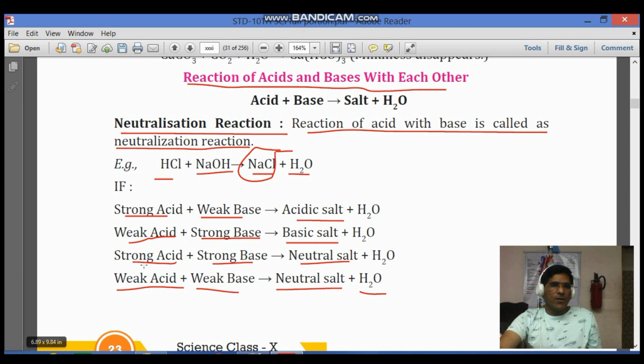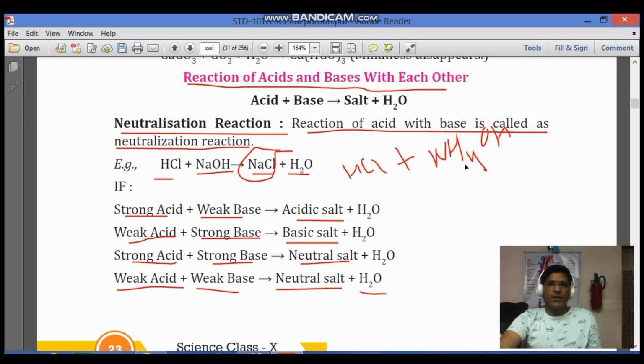Again, strong acid, strong base, that is an example. Now for strong acid, we can take HCl. For weak base, we can take NH4OH. NH4OH is a weak base.